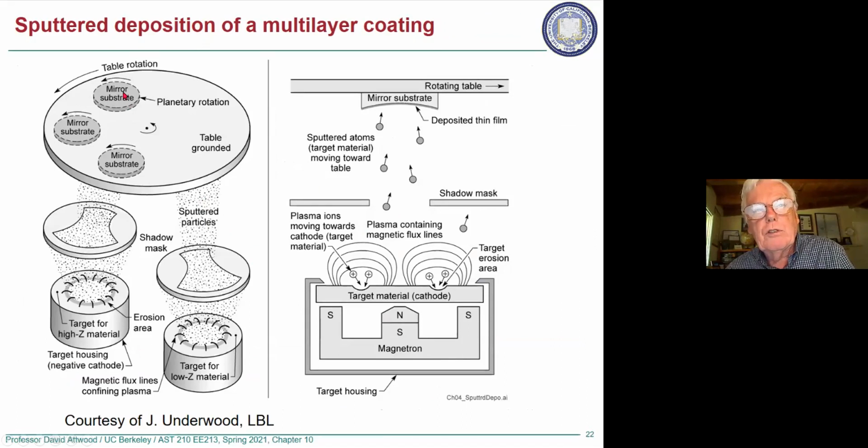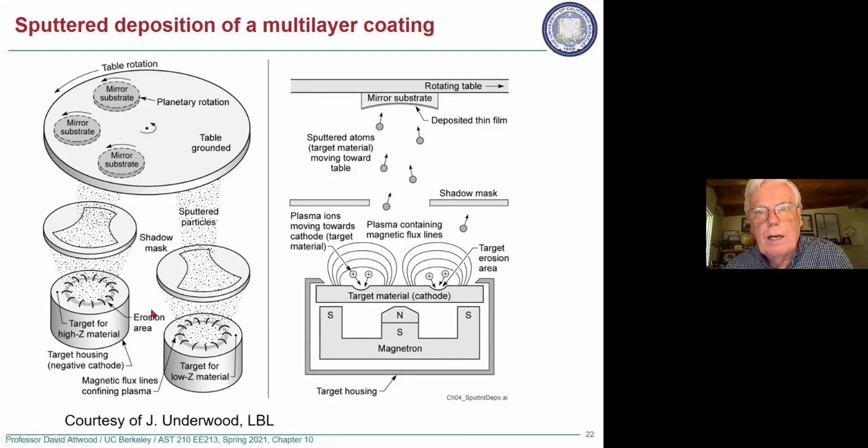The mirror substrates are put on a table, a meter, maybe a fraction of a meter in diameter. Actually, for some mirrors, it could be more than that. And there are substrates in different places, and as the table rotates, the mirrors rotate. And then they take turns going over the high Z material and the low Z material, where there's a discharge going on.